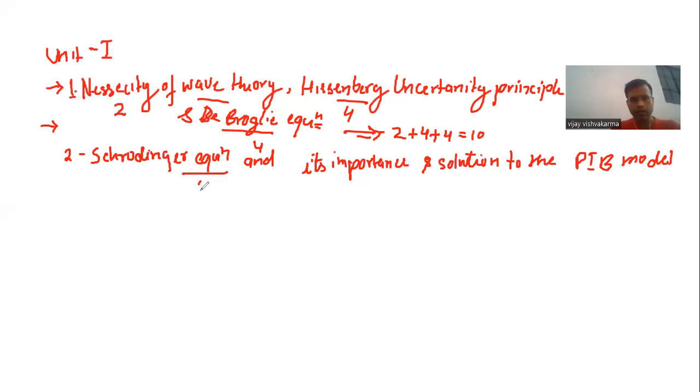Here Schrodinger equation will have weightage 2, importance has 2, and the solution for the PIB model has 6.